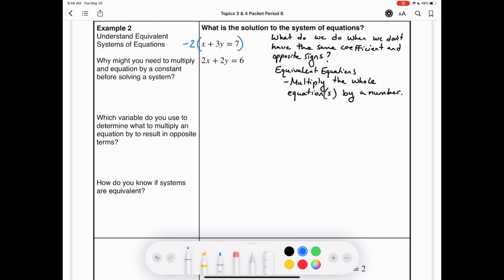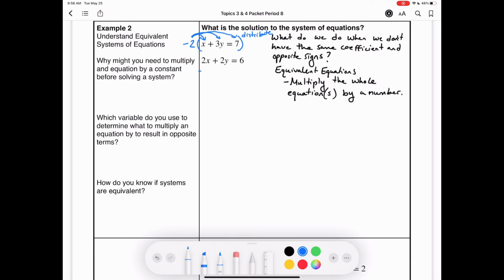By multiply the whole equation, what I mean is that I'm going to distribute that negative 2 to every number in the equation. So negative 2 times x is going to give us negative 2x.